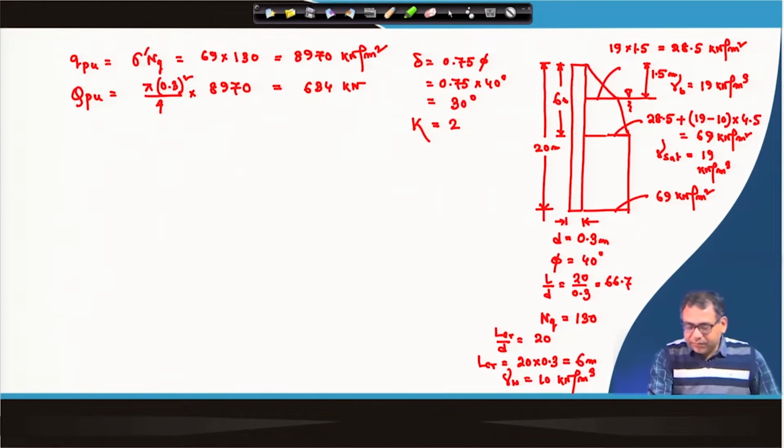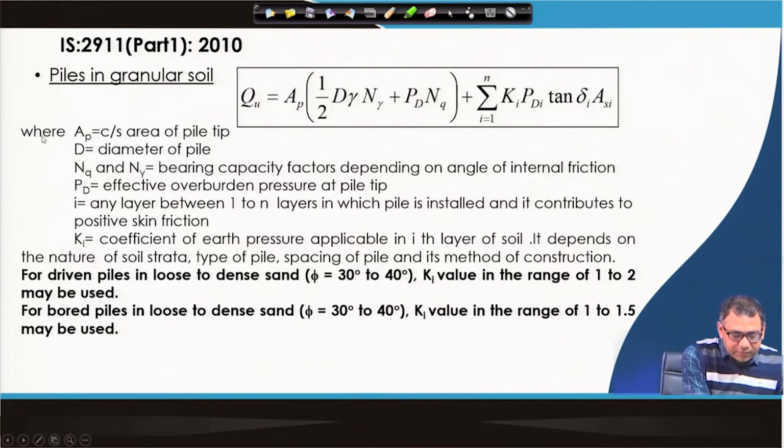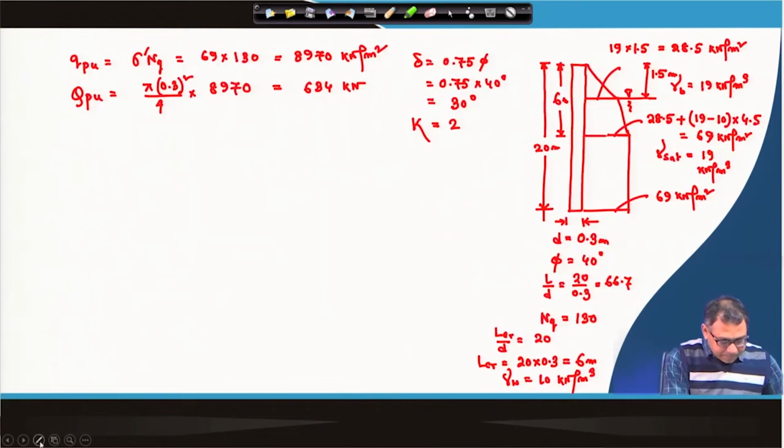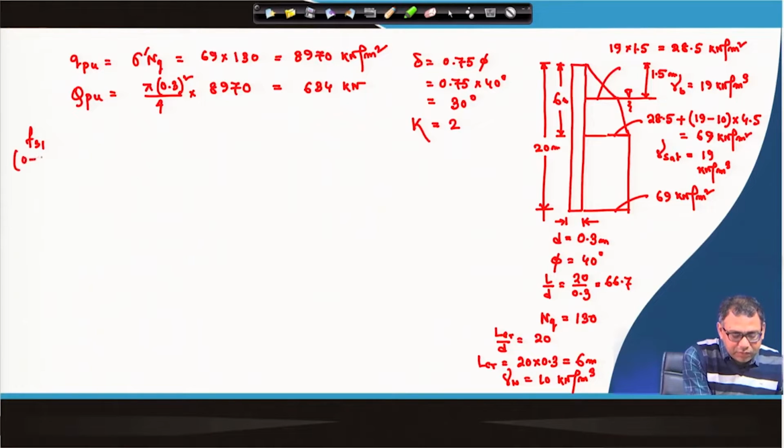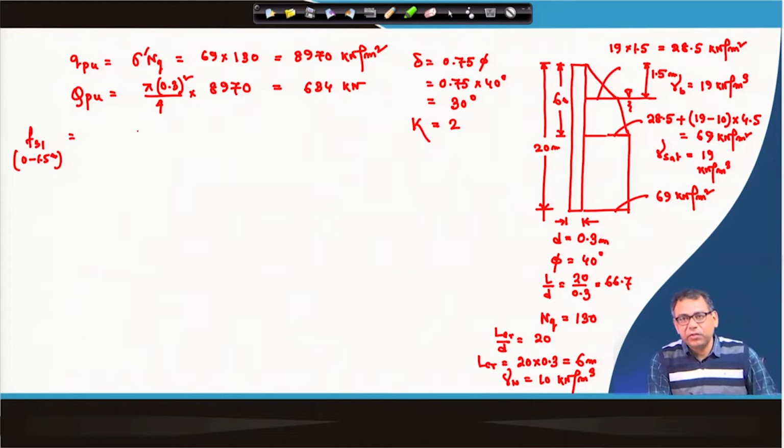Now, the friction resistance I am calculating for 3 different parts. One is from 0 to 1.5, another is 1.5 to 6, another is 6 to 20. So, for FS1, this is 0 to 1.5 meter. As I have discussed, we have to take the average effective overburden pressure.